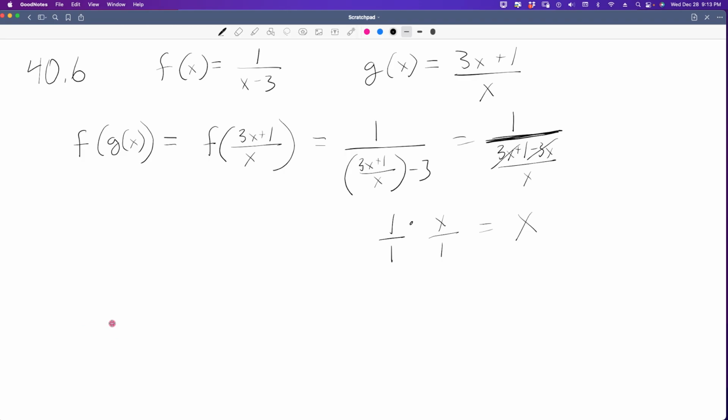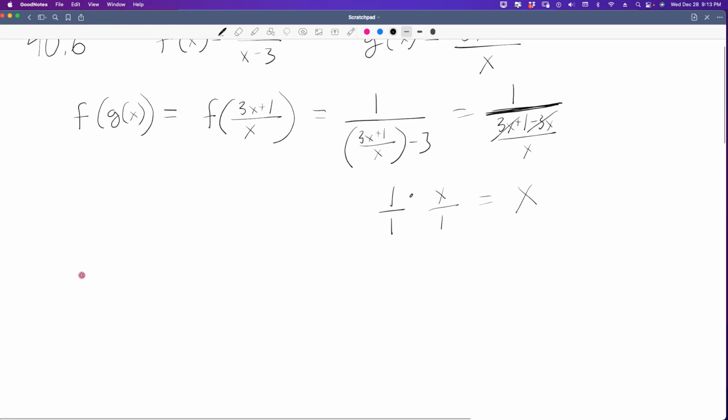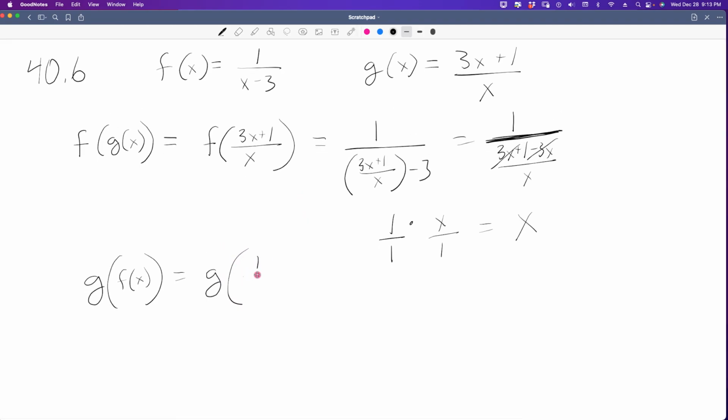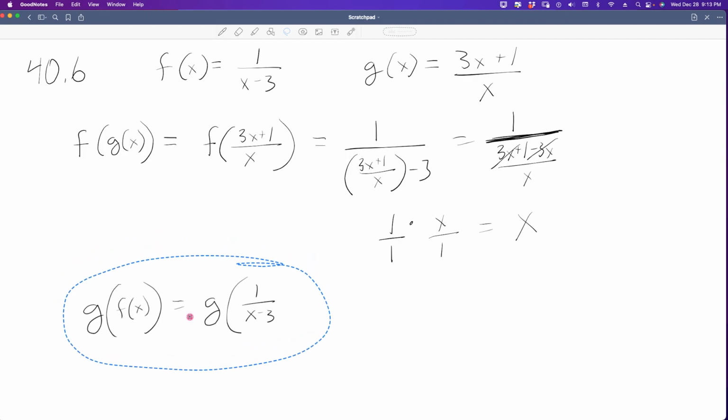So let's try the other one. So we have g of f of x. So that means we're going to have g with a substitution value of 1 over x minus 3. Let me move this down because this is going to run into each other. There we go.